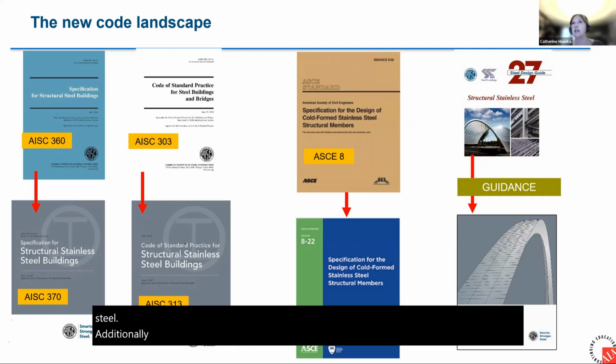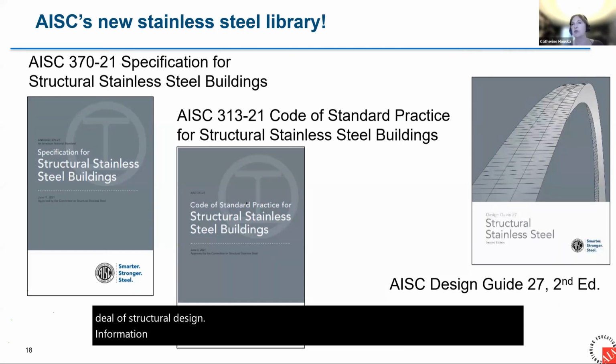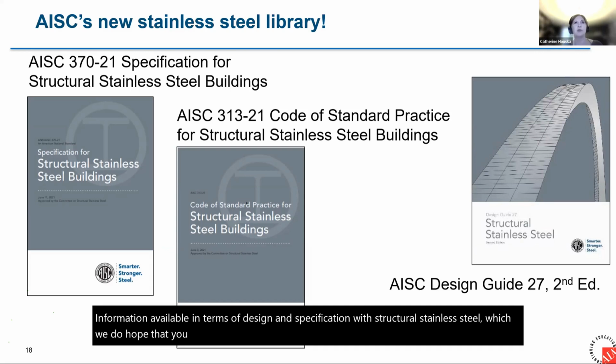Additionally, the AISC Design Guide 27 was updated as part of this process. So there is a great deal of structural design information available in terms of design and specification with structural stainless steel, which we do hope that you will use to support your sunscreen. And here are the AISC publications.